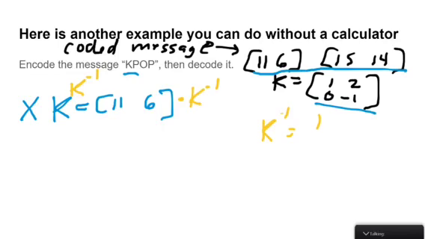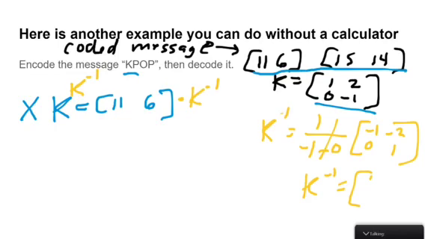If you remember, that's going to be 1 over the determinant, which is A times D, so negative 1, minus B times C, so 0. And then you switch A and D, and you negate B and C. Since this just simplifies to negative 1, when you distribute that in, we get that our inverse matrix is going to be 1, 2, 0, and negative 1.